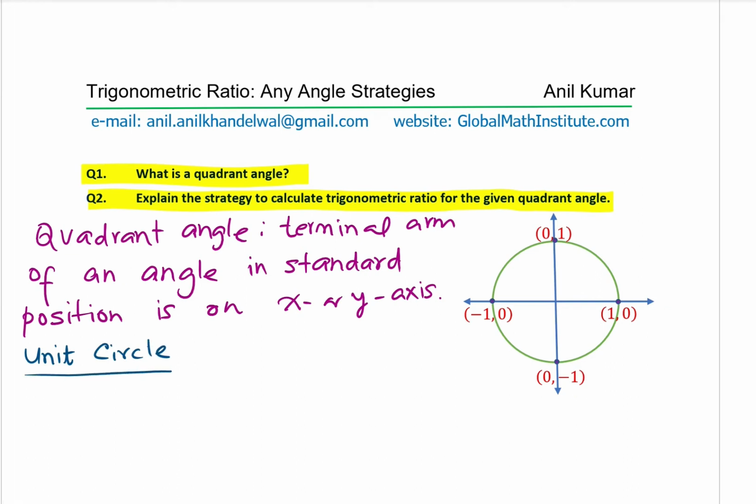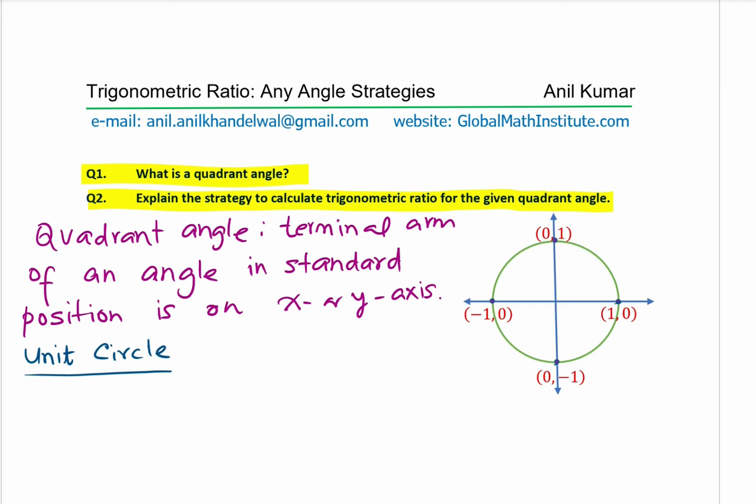You will notice that I've marked the points. The one on the x-axis is (1, 0), then on the y-axis is (0, 1), and then (-1, 0) on negative side of the x-axis, and (0, -1) is the fourth point on this particular unit circle, which is on the axis. So these points help us to find the trigonometric ratio.